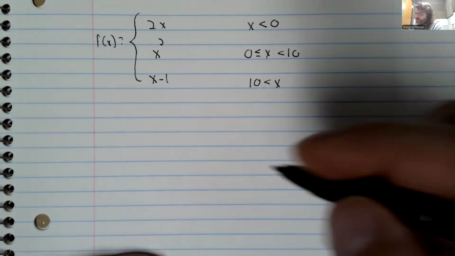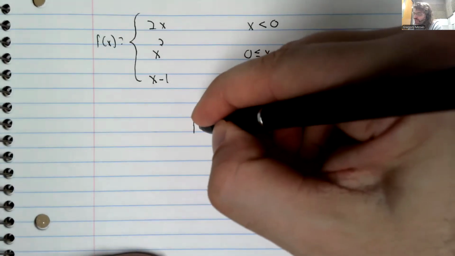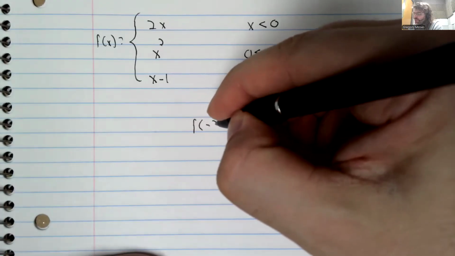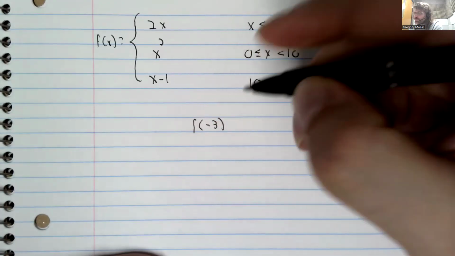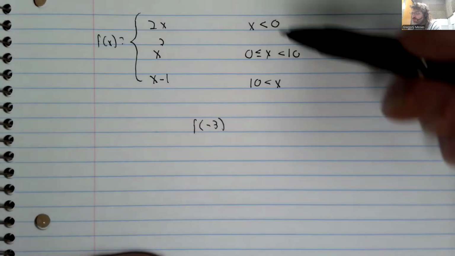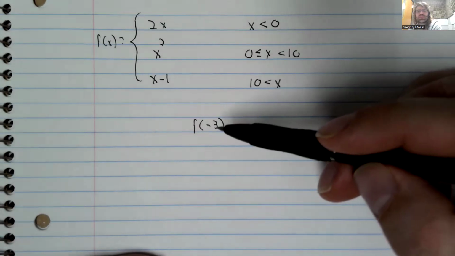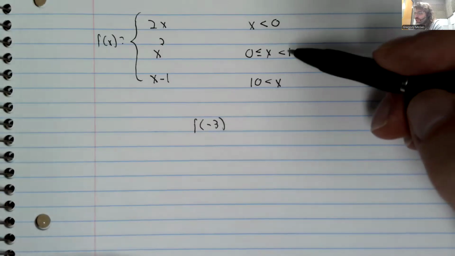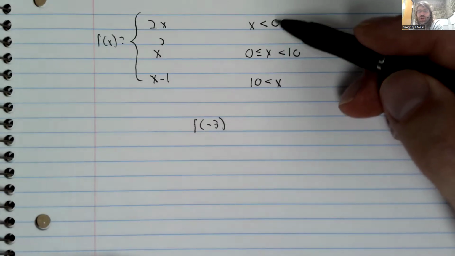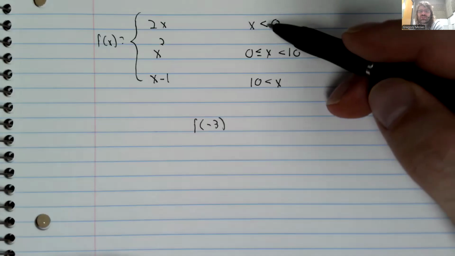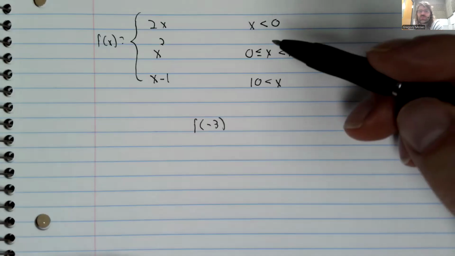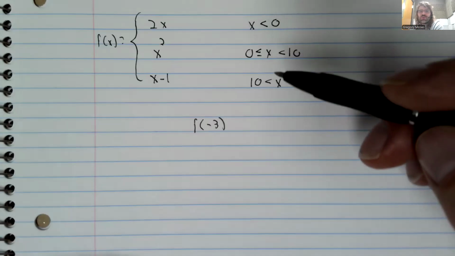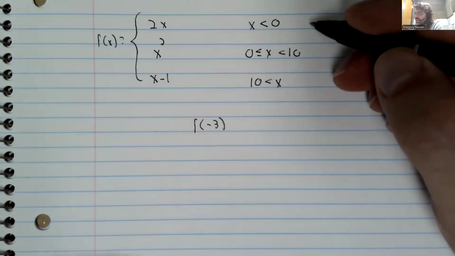So for example, let's say we have f of -3. Well, we go over here and we ask, where's this input? Where's -3? Well, our options are that it's less than 0, that it's between 0 and 10, or that it's greater than 10.